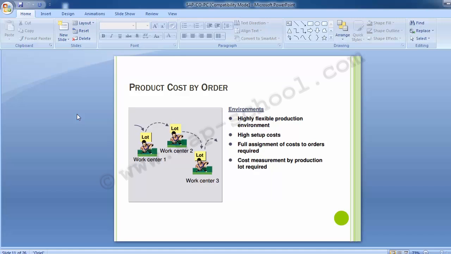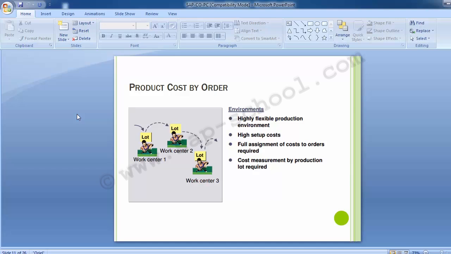Now this particular cost object controller is used in a highly flexible production environment, with high setup cost, where full assignment of cost to orders is required. Cost measurement by the production lot is required. So in this case, the production is done on the basis of lots and orders.